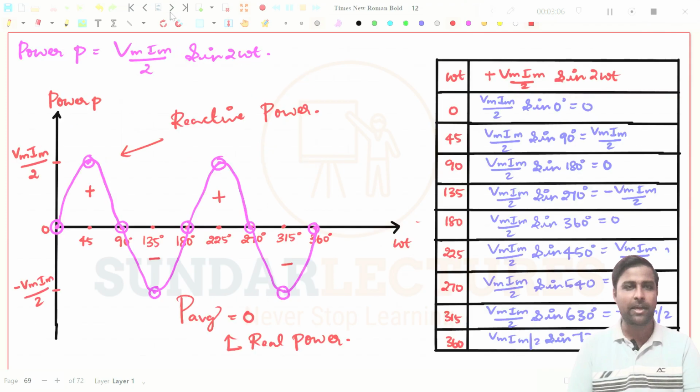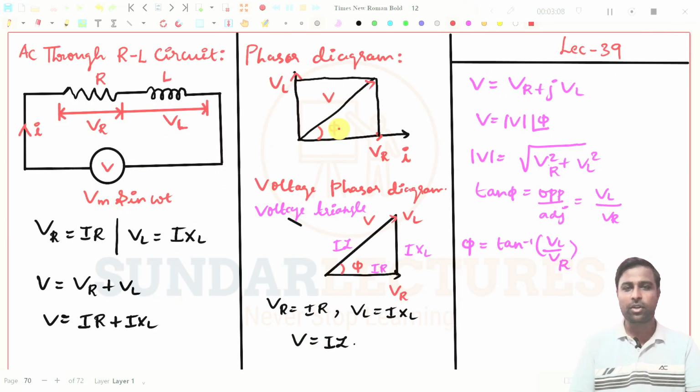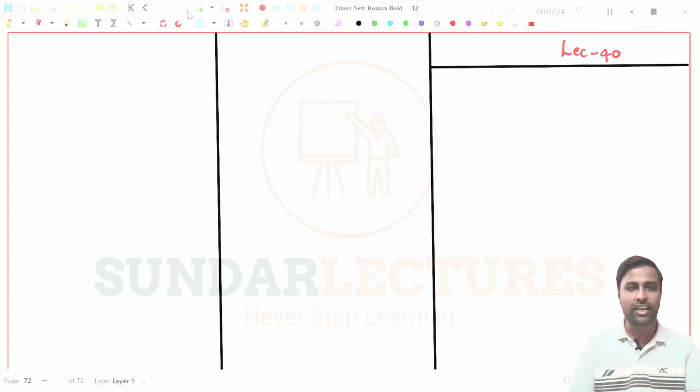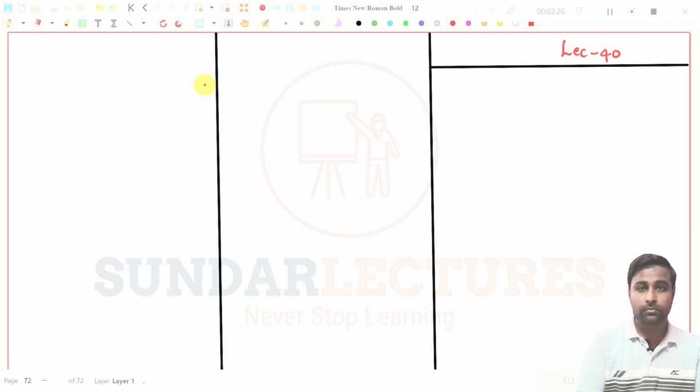But here in the RL circuit, you can clearly see this is the V phasor, and this is the overall I phasor. And we don't know the angle here, but we know what is V. I will write here.